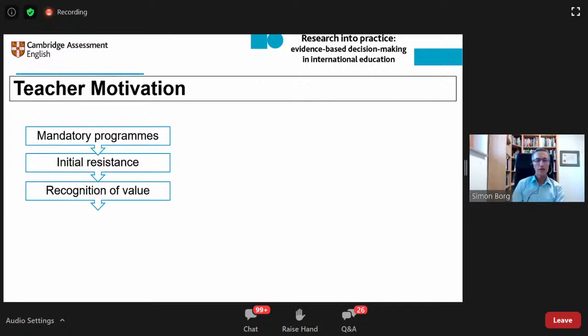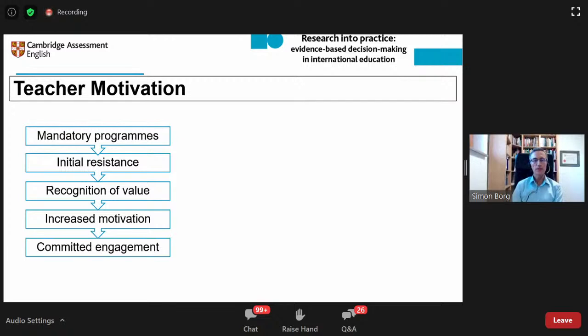However, what I have seen on certain programs is that when the program is well designed and teachers start to recognize the value of the work they're doing, so the value of the professional development program for them, for their schools, for their learners, as this recognition starts to impinge on teachers, what we see is that motivation to participate increases, and this leads to committed engagement.